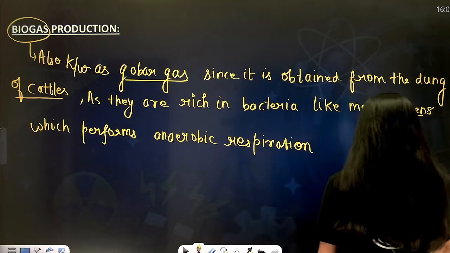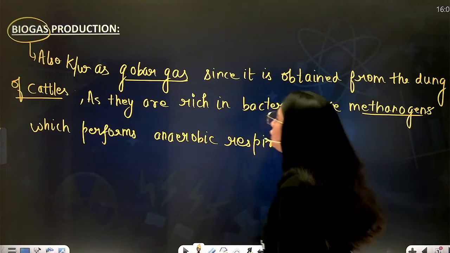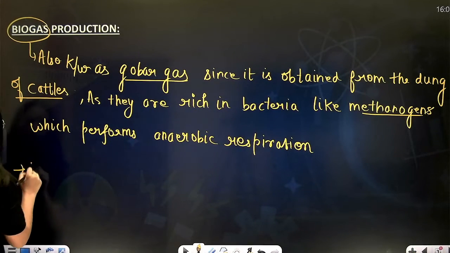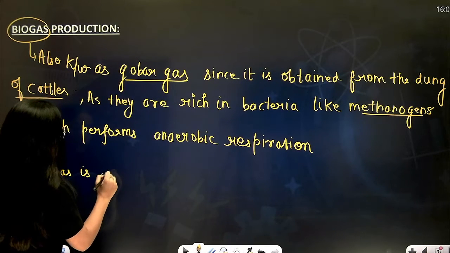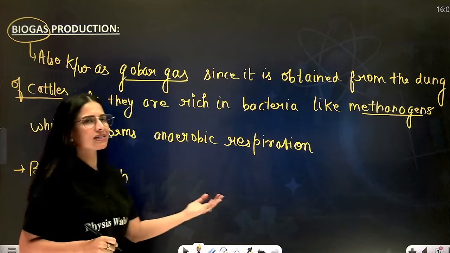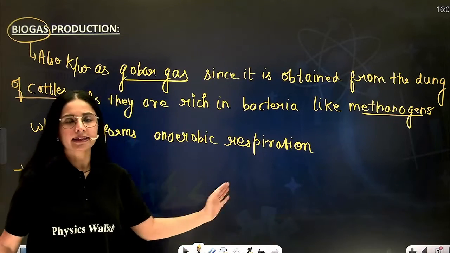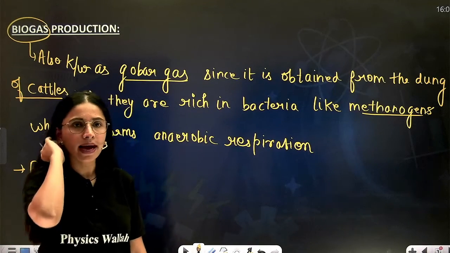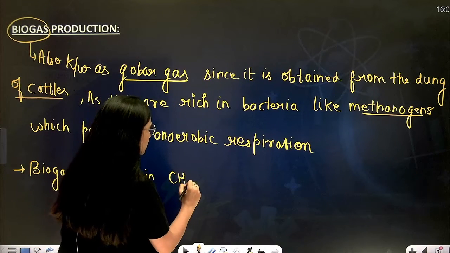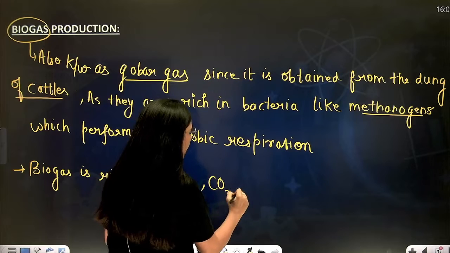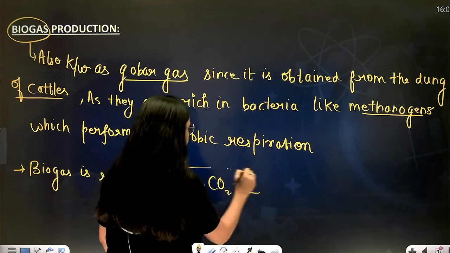So for this, first of all you can write one second point. Biogas is rich in some points you can write. These points are essential, you should know, and then you can understand the concept of the biogas plant. So biogas is rich in methane, carbon dioxide and hydrogen, right?